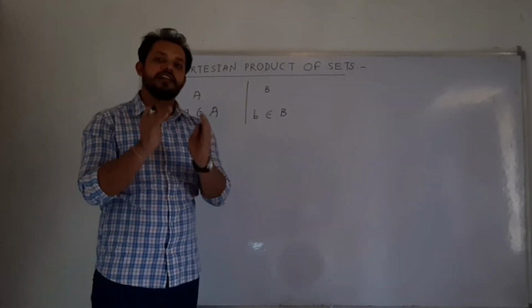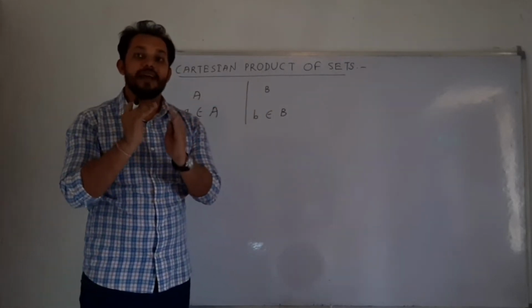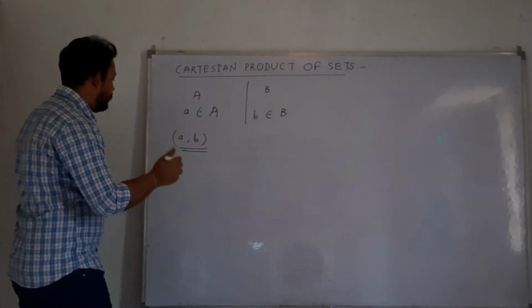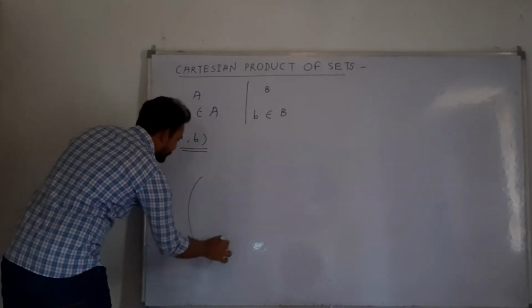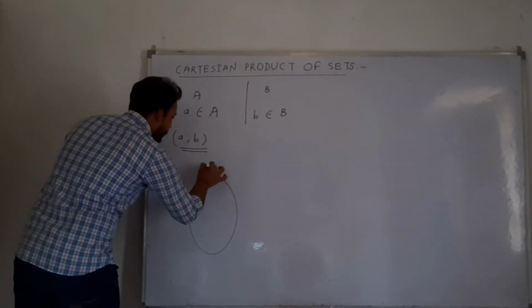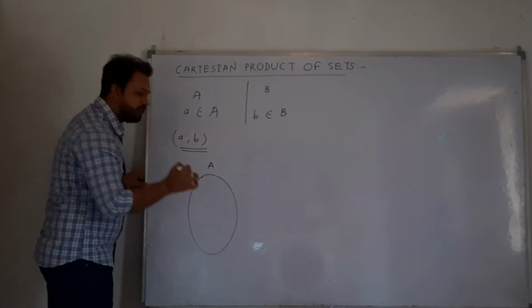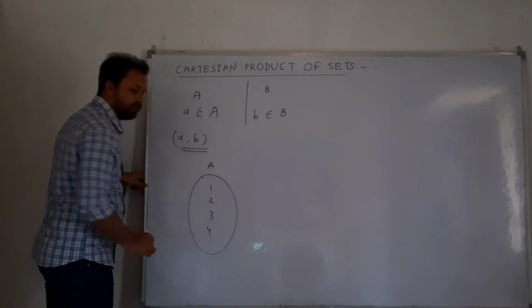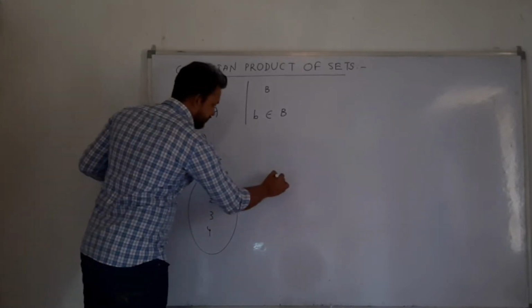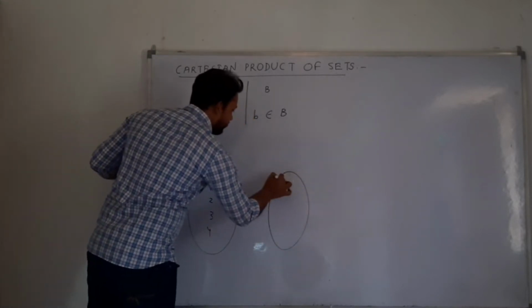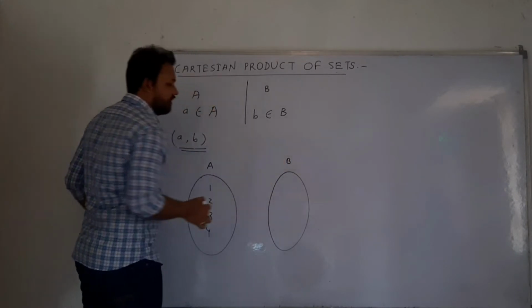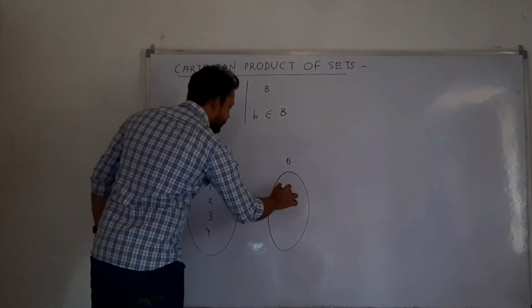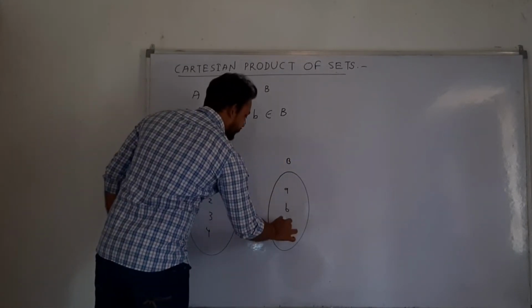Let us understand the Cartesian product in a diagram. Suppose we have a set A. Elements of this set A are 1, 2, 3, 4. At the same time, we have a set B. Elements of set B are a, b, c.